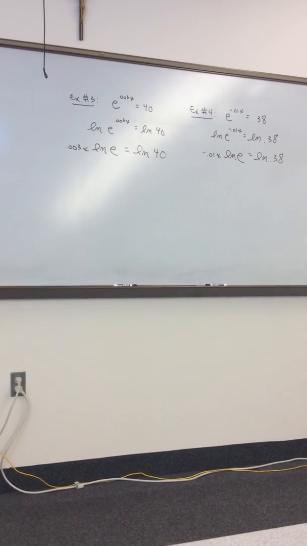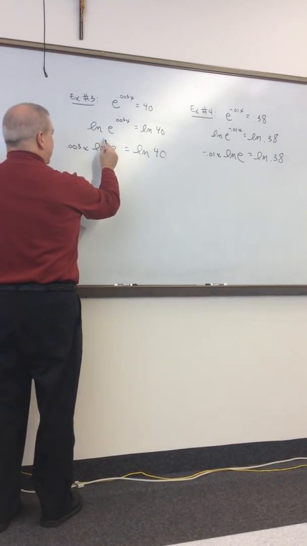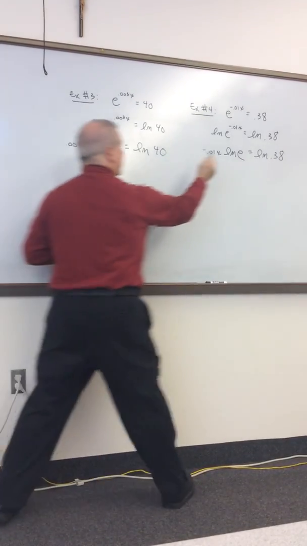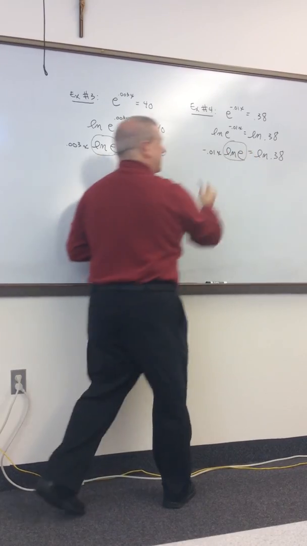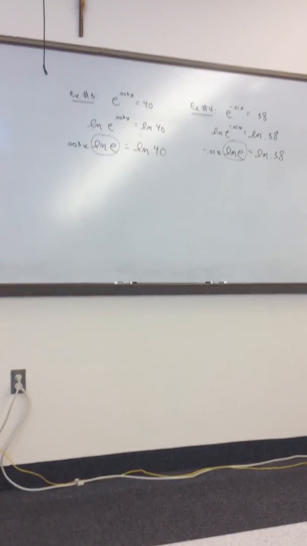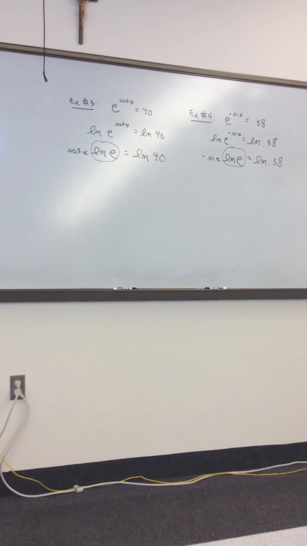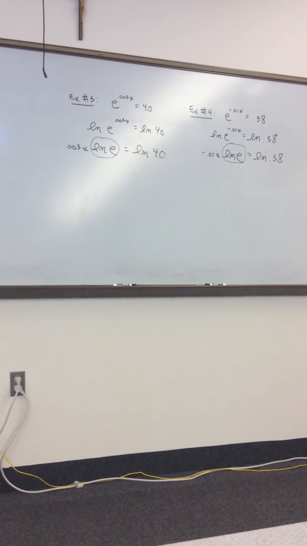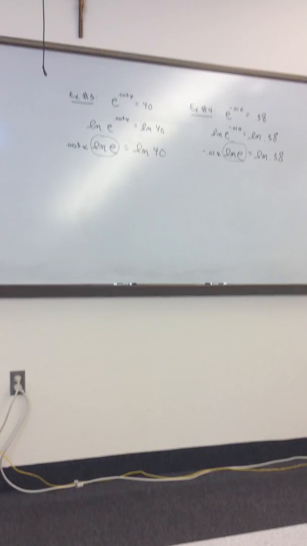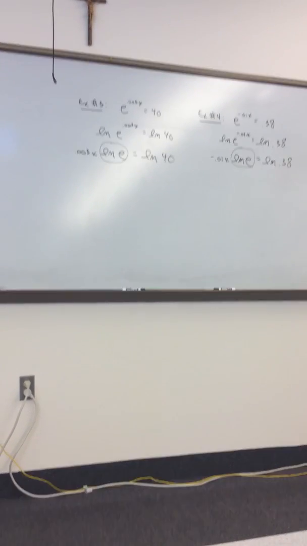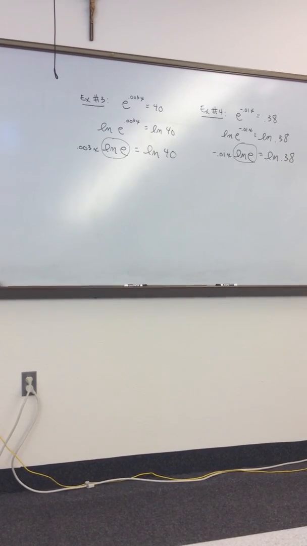Fellas, come on now. These are almost done. And you got to be smart here again. Somebody please raise your hand and tell me what's going on in those two places I circled. Oh, come on. It's not that hard either.